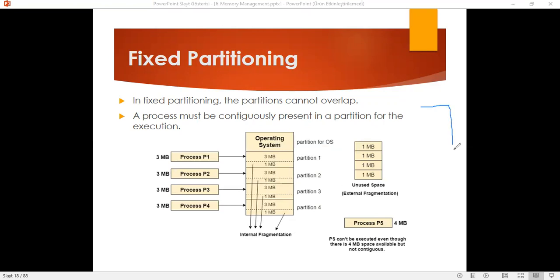Think about that. This is my main memory, and for example, this is one partition, this is another partition.